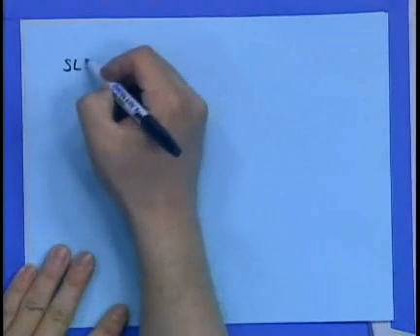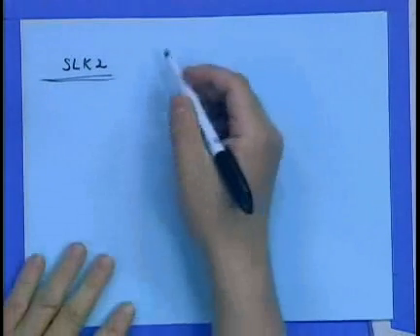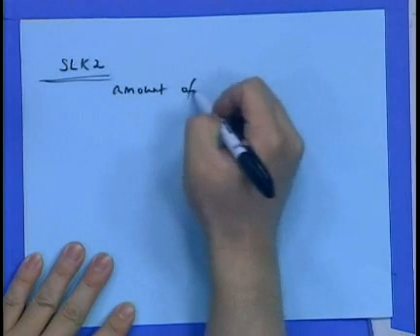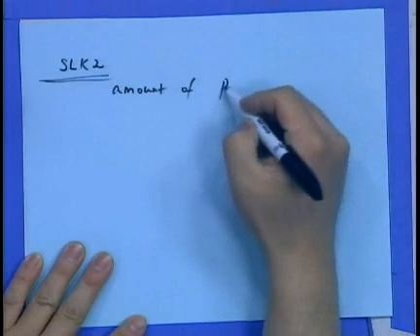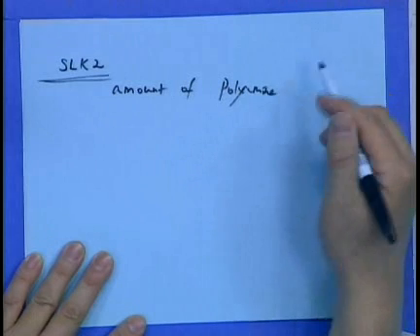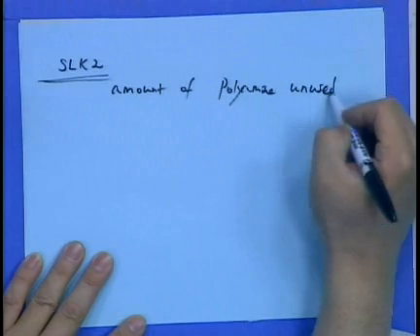Slack variable 2 is the amount of polyamine unused.